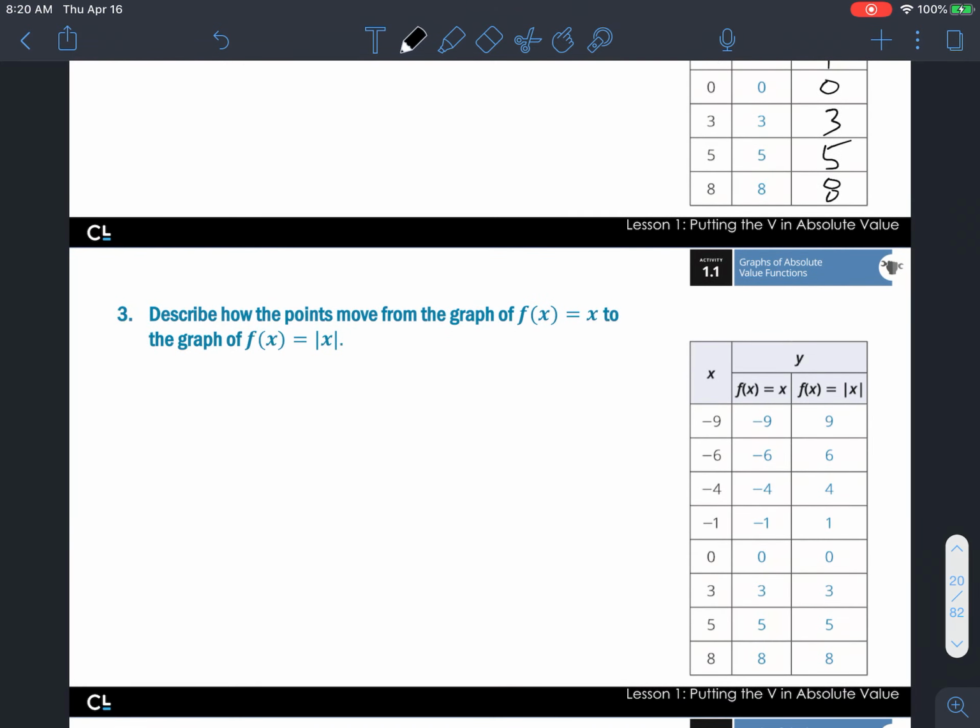All right, number 3 is just asking us to describe how the points move from the graph of f of x equals x to the graph of f of x equals absolute value of x.